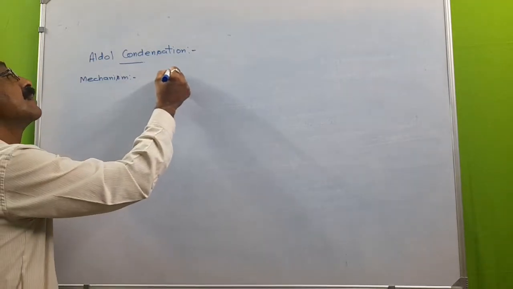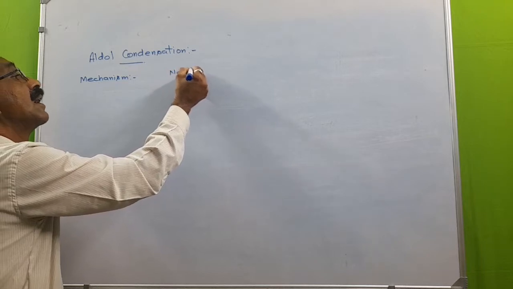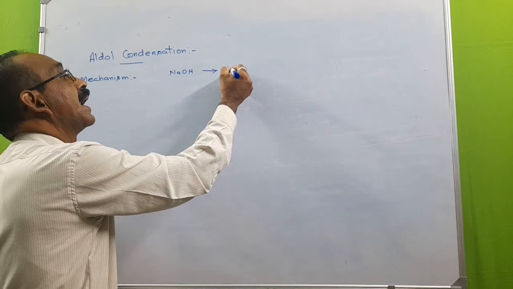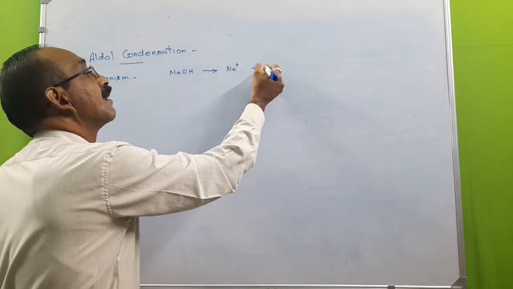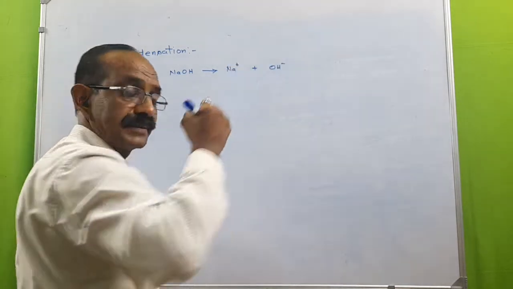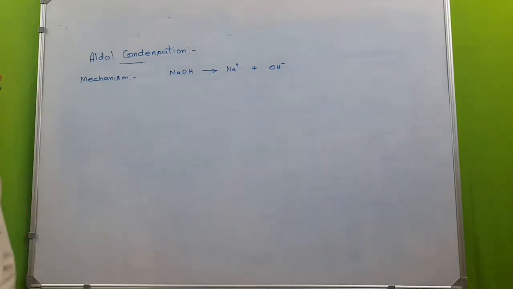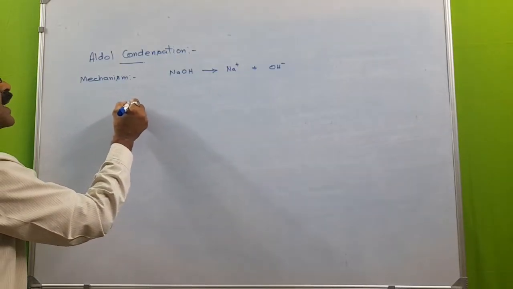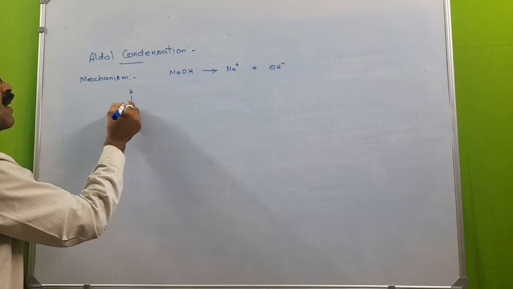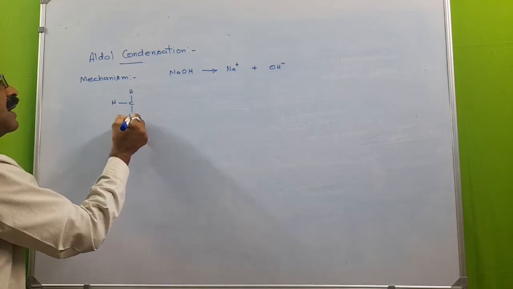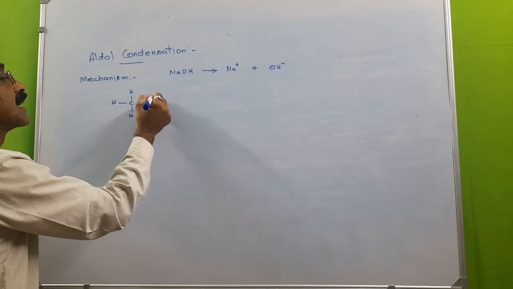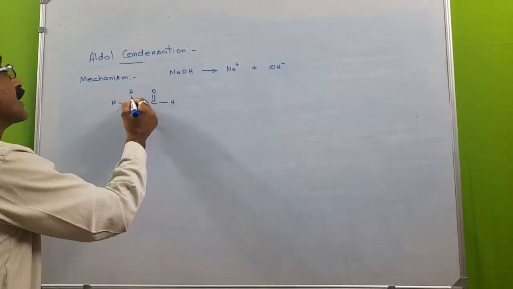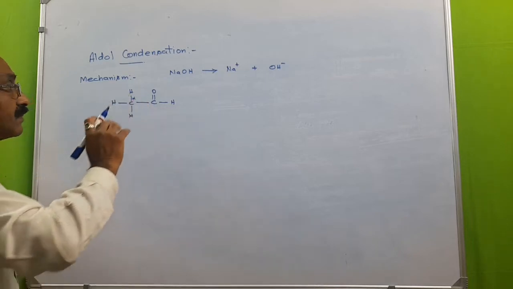In this case, alkali dissociates and furnishes hydroxide ion. Here it is an aldehyde or ketone which is having alpha hydrogen. See, this one is having alpha hydrogen.